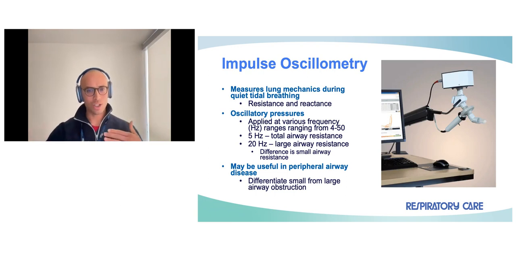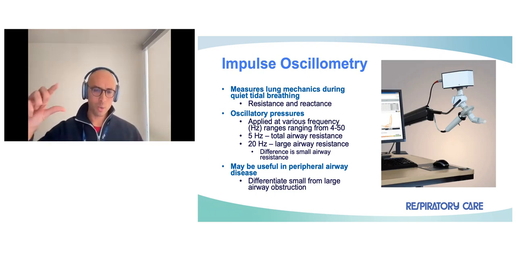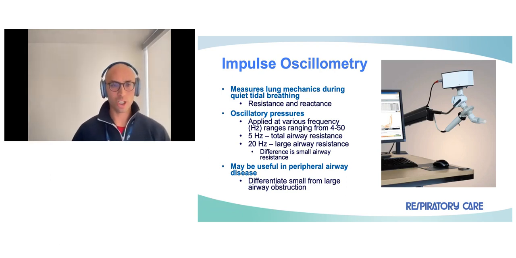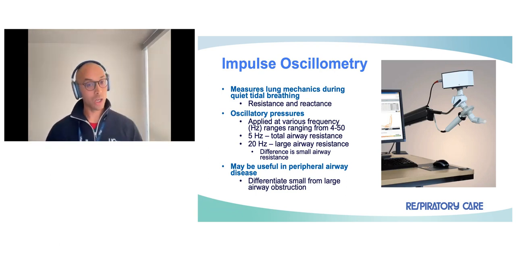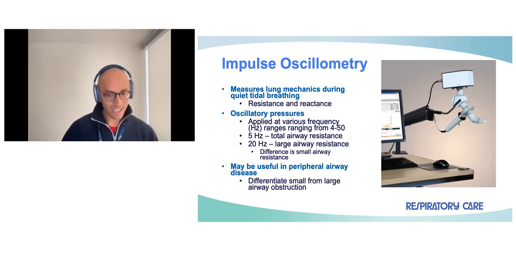At higher hertz, you're able to look at the large airway resistance, and the difference between the two is estimated to be the small airway resistance. So it can be useful in peripheral airway disease, where you can differentiate small from large airway obstruction, which is especially important in COPD, where we're looking at peripheral lung disease.